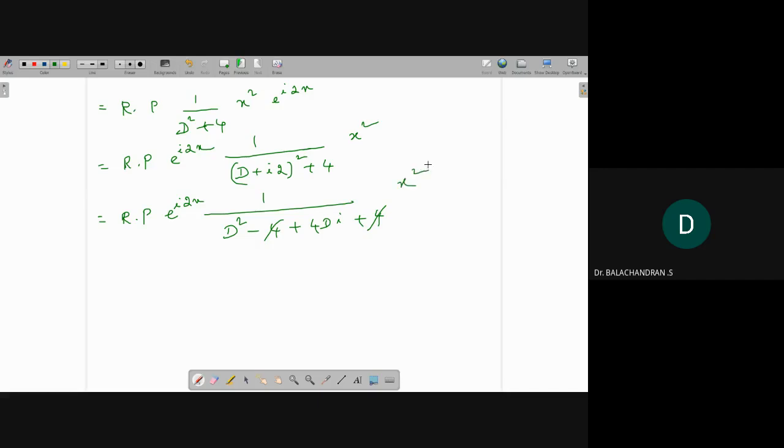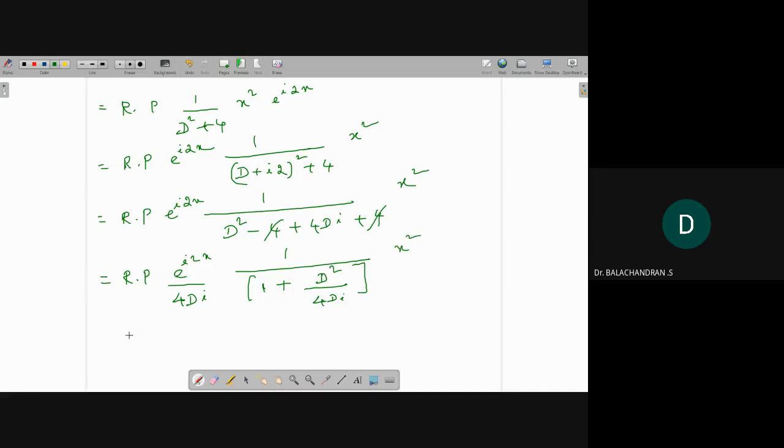So I don't have the constant term here. That is the reason I'm going to take the least power of D commonly. What is the least power of D? 4Di. So 1 by 4Di commonly, 1 plus D square divided by 4Di, into x square.